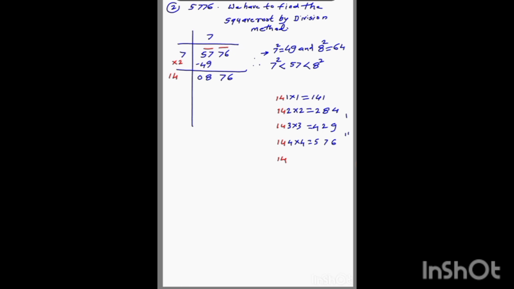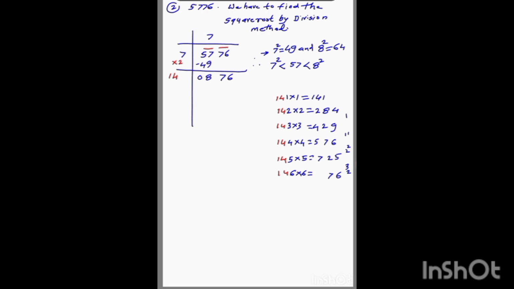Then 145 into 5. If you try as many problems, this will be very easy, and you can do it in no time. So 145 into 5 is 725. Then 146 into 6, see how it is going: 6 sixes are 36, 3 remains, 6 fours are 24, plus 3 is 27, carry 2, and it is 876.